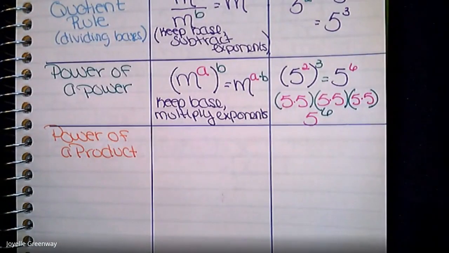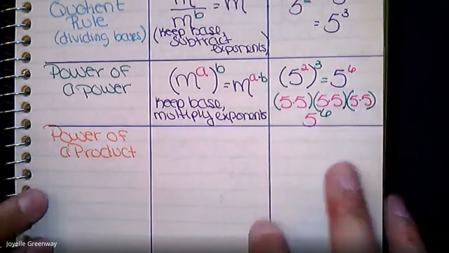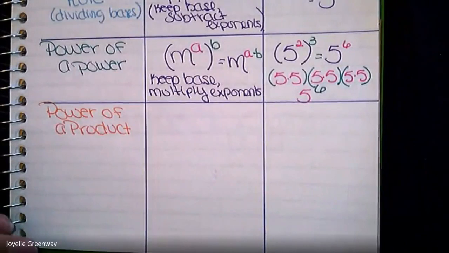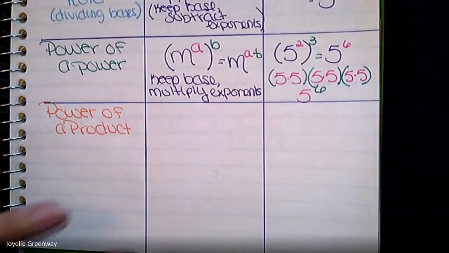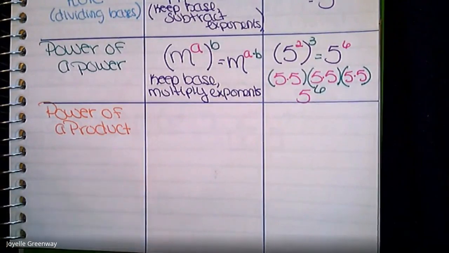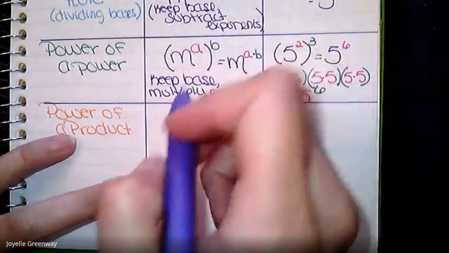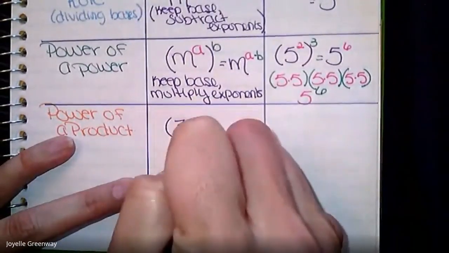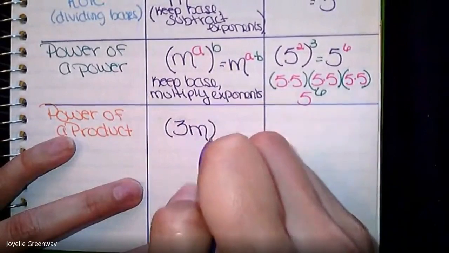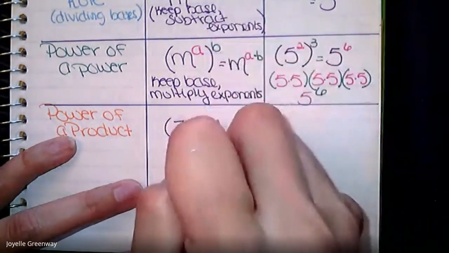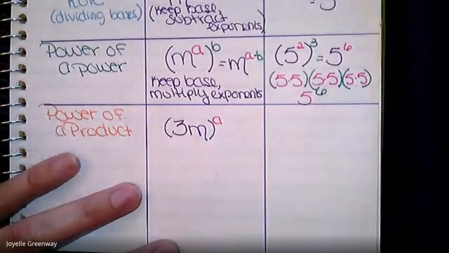So the power of a product, that's like if you have 2 different bases, or if you have a coefficient and a base. So for example, let's say we have 3m, and that's being raised to the a power.